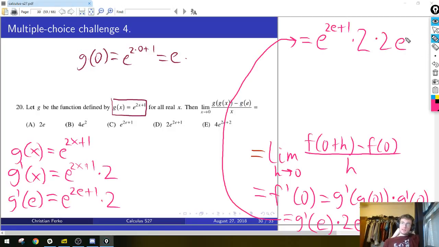Maybe it helps to write this as 2e to the power 1. I think we have one more step. We combine the 2's to a 4, and then multiplying exponentials with the same base, how do I combine these? I claim this is e to something. What is the something?